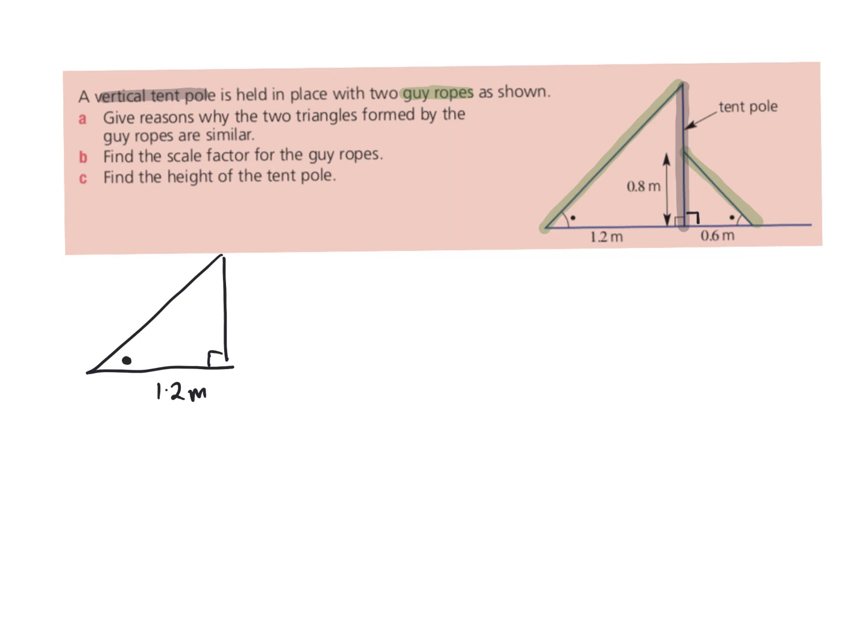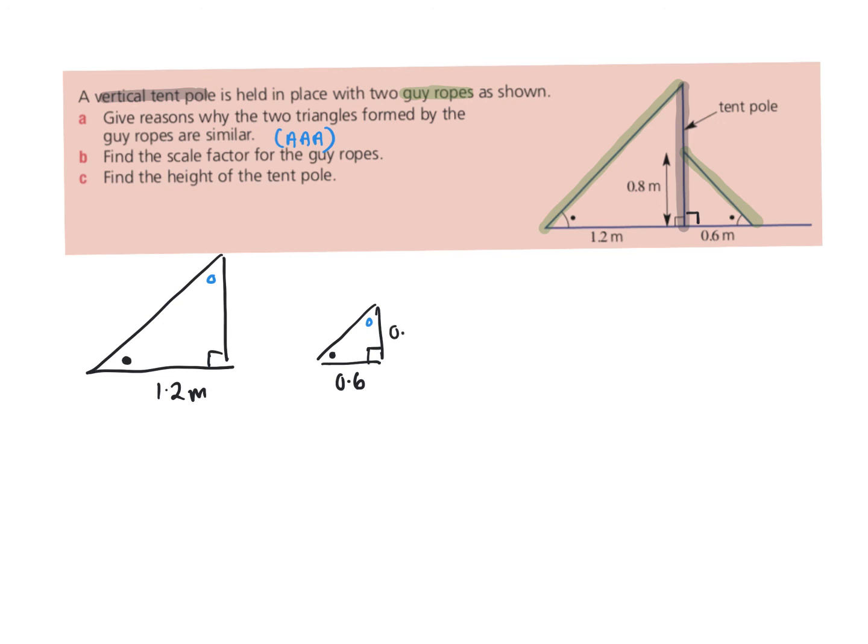And the little one, if I turn it around to face the same way, has a right angle and also that angle the same there, and they're saying that's 0.6. So I can say they're similar because if we have two angles that are the same, the third one must be the same as well. So why are they similar? Angle, angle, angle.